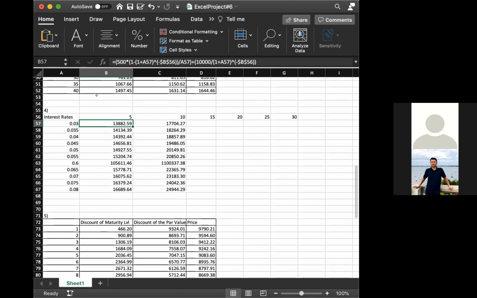I know you said to remove the negative. First part of it is correct. The second part, when you divide 10,000 by 1 plus R raised to NT, there's no negative sign in front of the NT. Only for the annuity formula is there a negative. Present value of annuity is a negative power, but here it's not a negative power, it's a positive power.